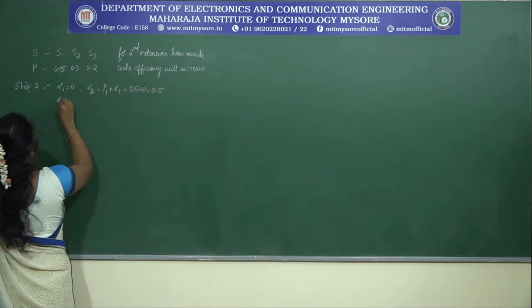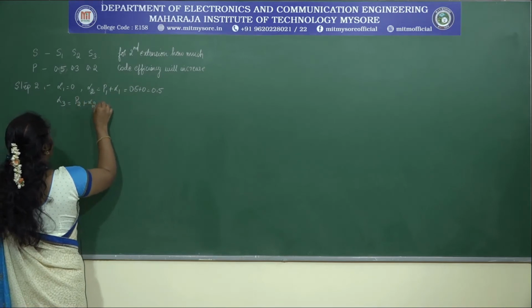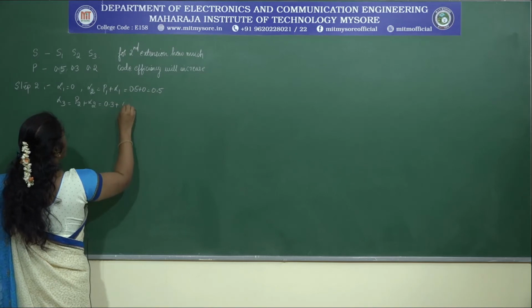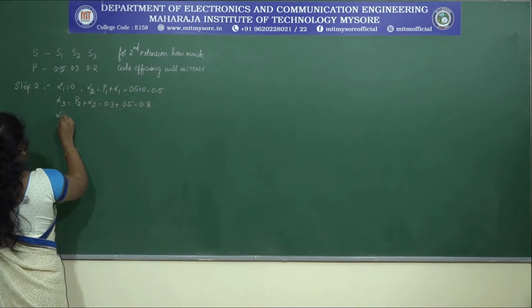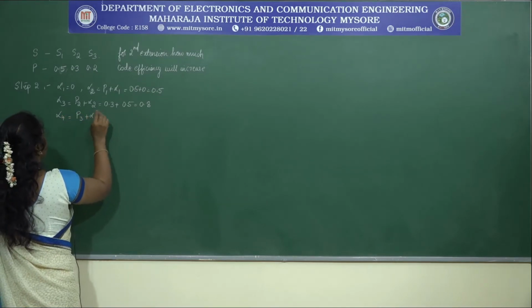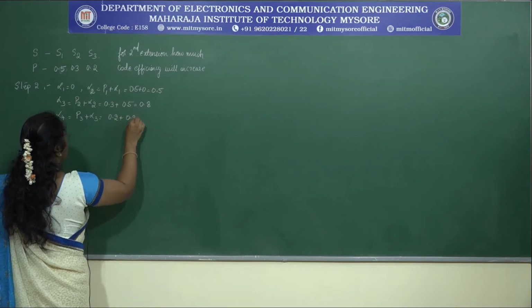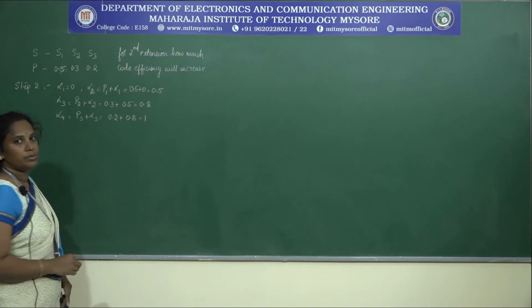Then alpha 3 is equal to P2 plus alpha 2, so P2 is 0.3 plus alpha 2 which is 0.5, equal to 0.8. Then alpha 4 is equal to P3 plus alpha 3, so P3 is 0.2 plus alpha 3 which is 0.8, equal to 1. This is how we compute the sequences.